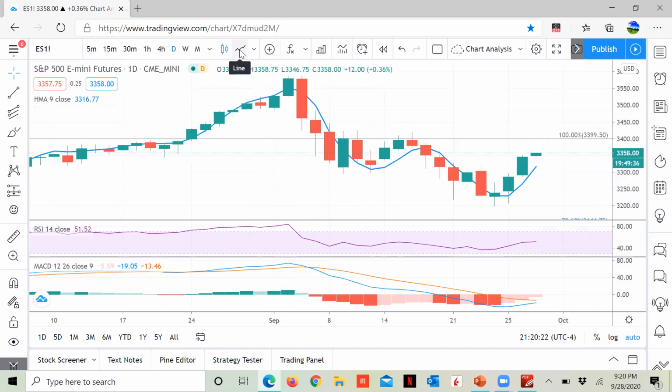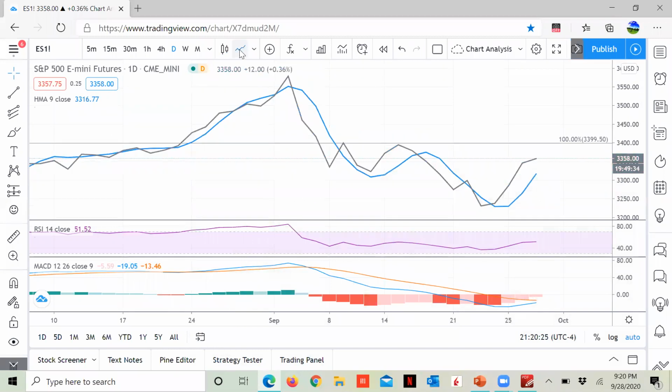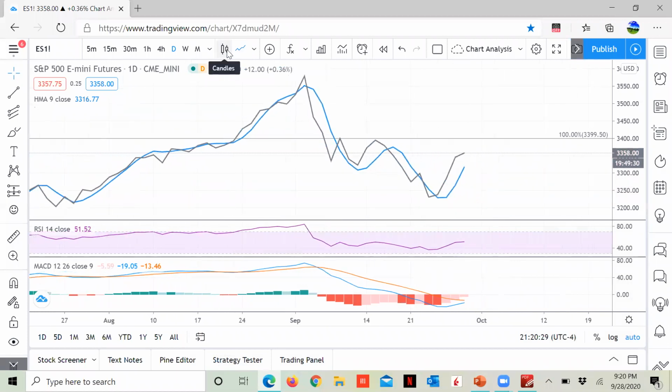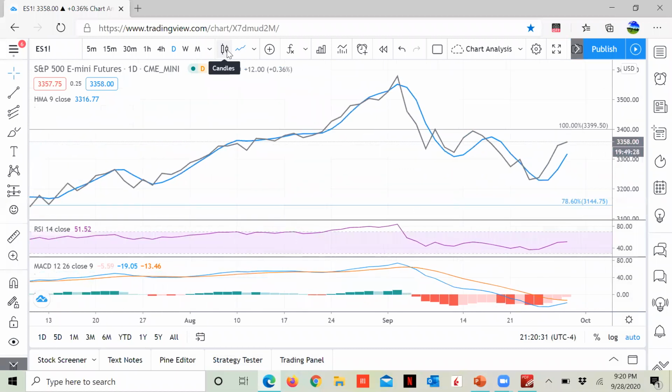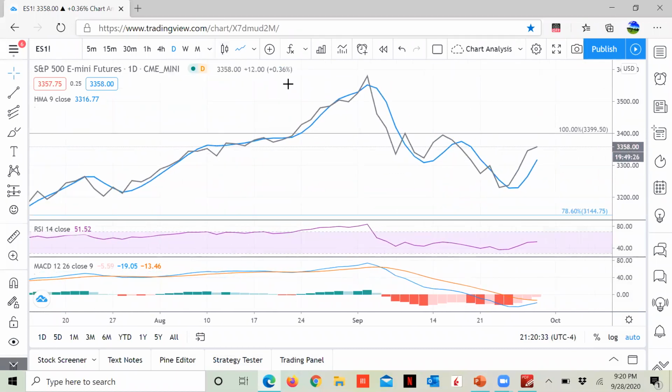So let me switch to a line, so that way you can see it clear. Zoom out a bit. All right. So this dark gray, that's the price index, whatever, this S&P 500. It's an index of 500 companies, the leading companies, with a portfolio of like $10 billion and plus.